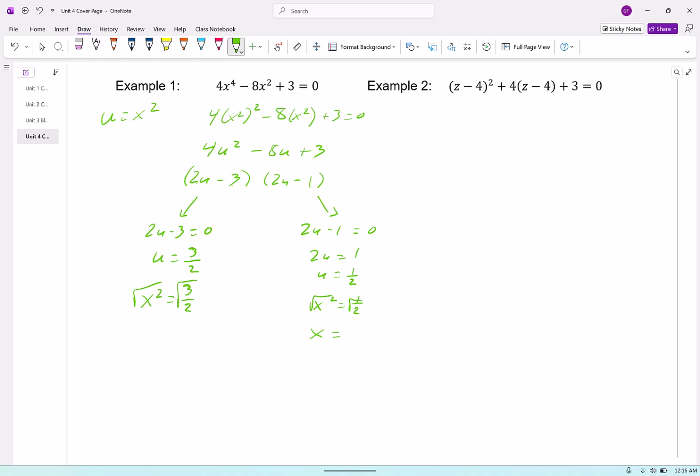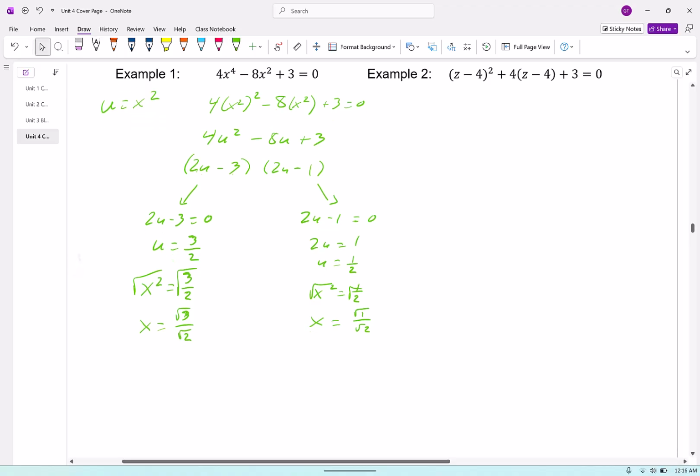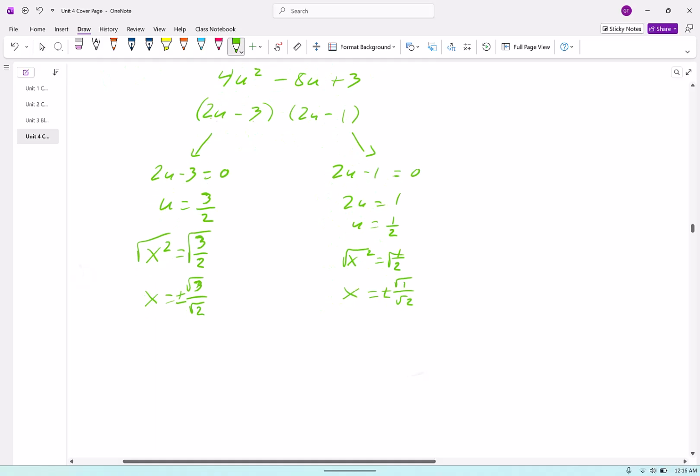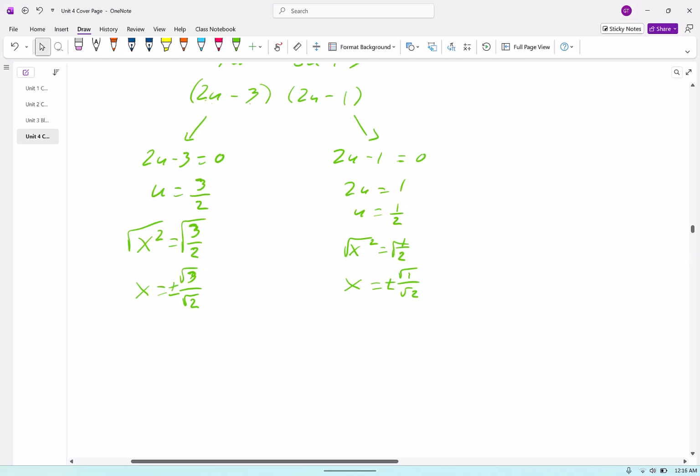So now this is x equals square root 1 over square root 2. This is x equals square root 3 over square root 2. Now we're not quite done there. And again, these are actually plus or minus, since we just took the square root. I got to rationalize it. So I got to multiply, I'll do a different color, by square root 2 on both sides.